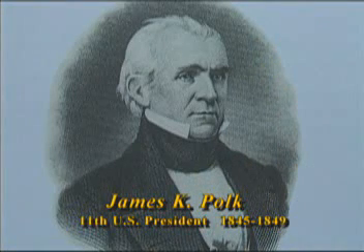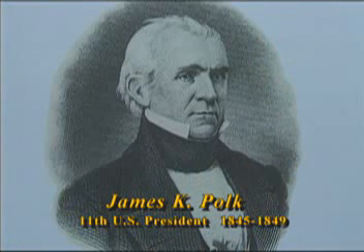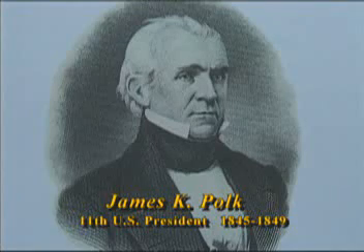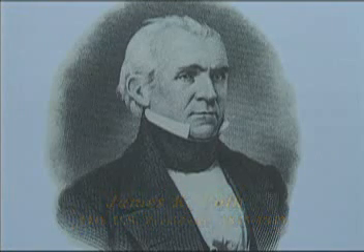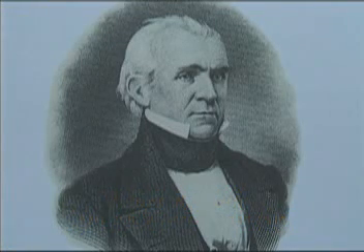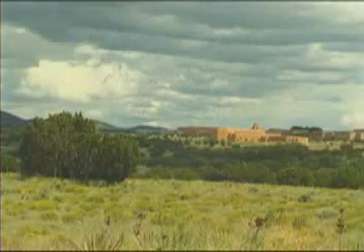The same year Texas became a state, 1845, U.S. President James K. Polk tried to make a deal to buy the northern half of Mexico, some of which had been inhabited by Spanish-speaking people for well over 200 years.